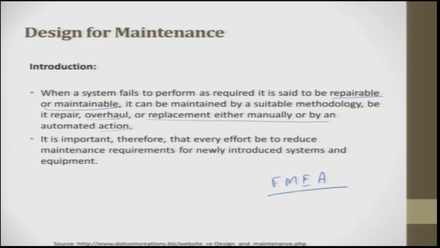So, this design for maintenance also is an offshoot, it moves off from FMEA and we look for this design for maintenance. So, these two are completely different, but I am just giving you an analogy. FMEA, here also you do failure mode effect analysis, and here what you do is you have design for maintenance. Okay? A very similar one, but it is not the same.